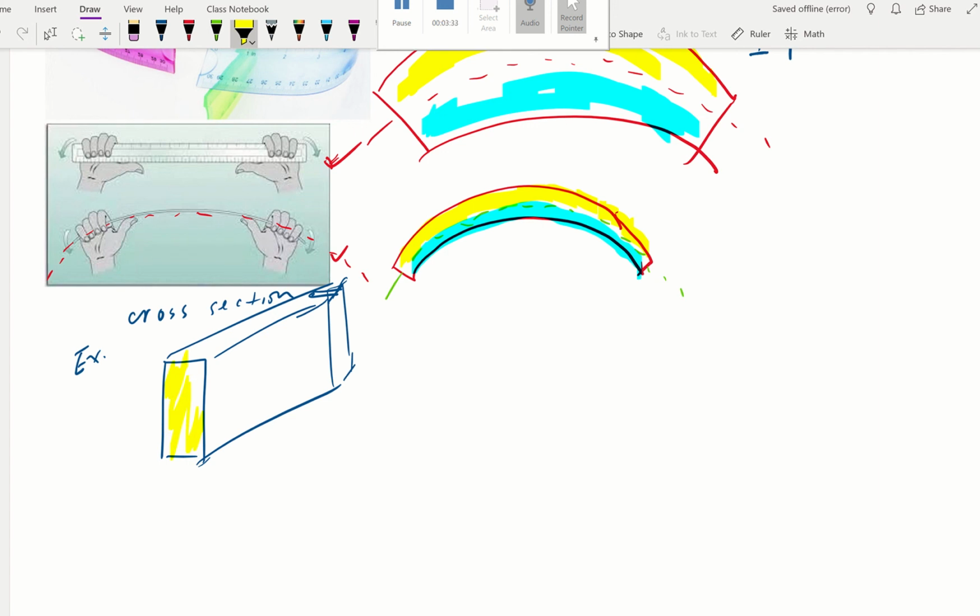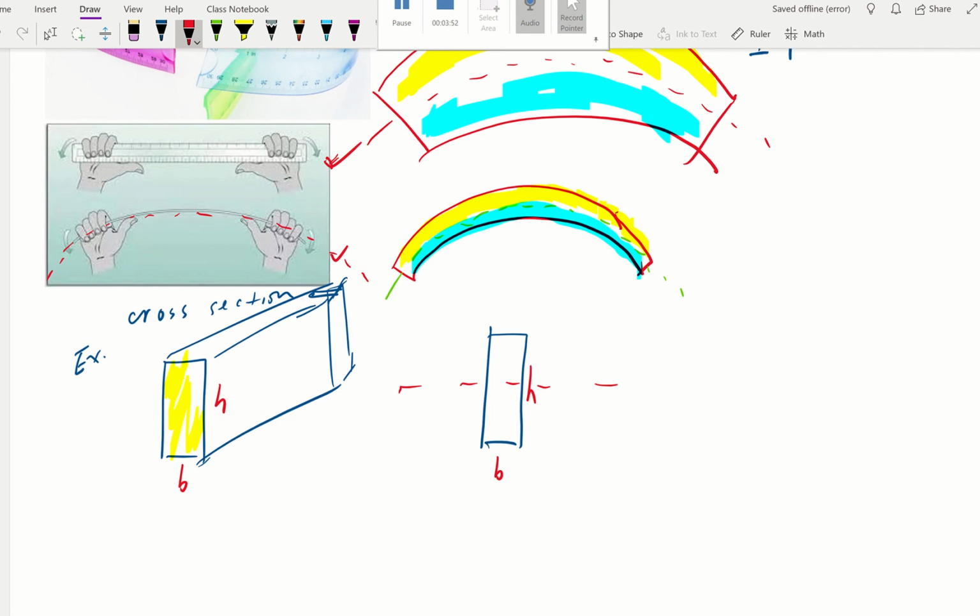Depending on what direction we're bending, if I bend around this axis, it has B and H, base and height.